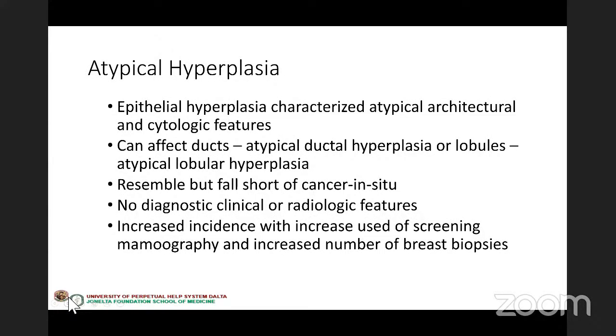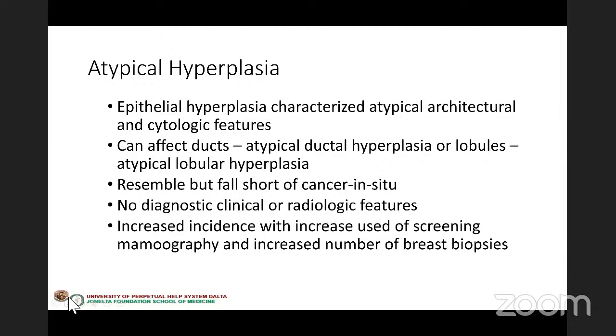Then you have atypical hyperplasia. This is epithelial hyperplasia characterized by atypical architectural and cytologic features. It can affect either the ducts or the lobules. It resembles, but is not quite, cancer.